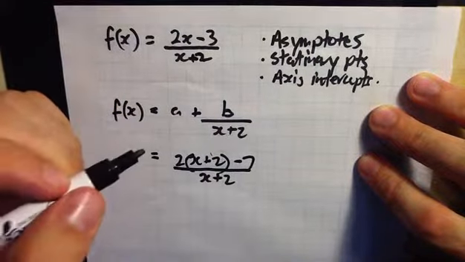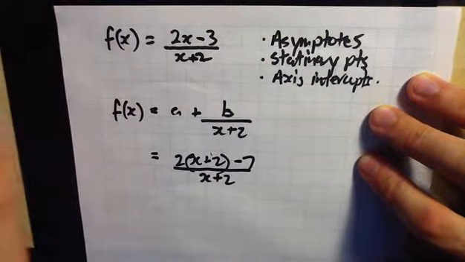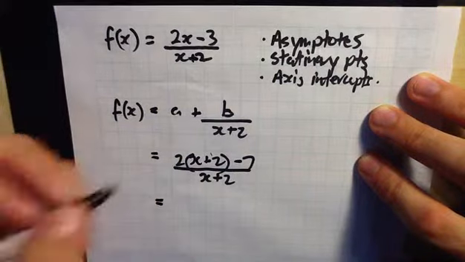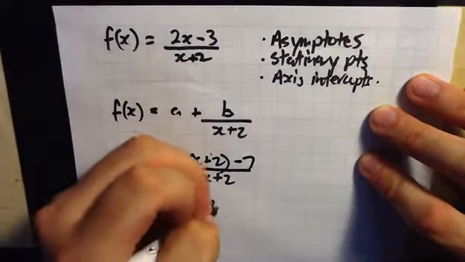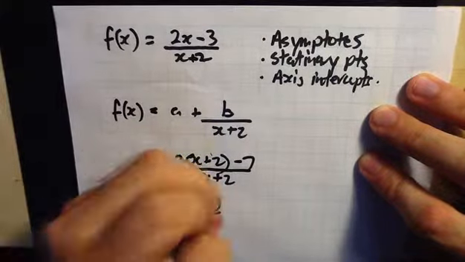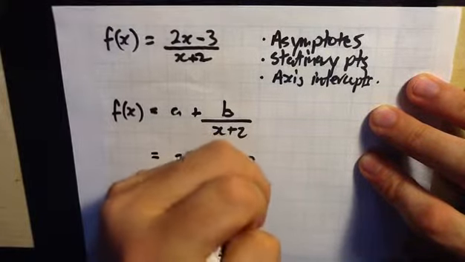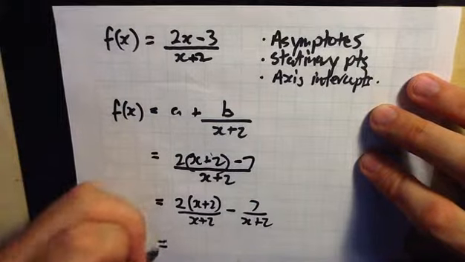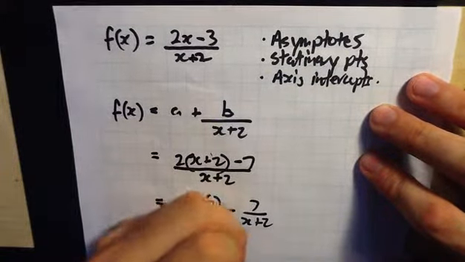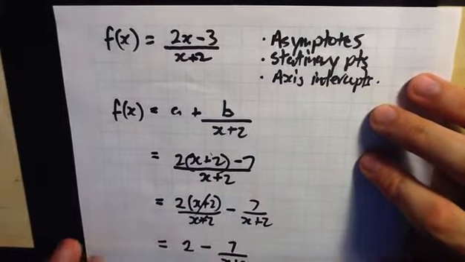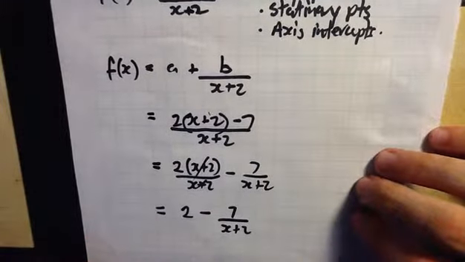So this is the same as 2x plus 2 over x plus 2 minus 7 over x plus 2, and they cancel out, so that can be written as 2 minus 7 over x plus 2.